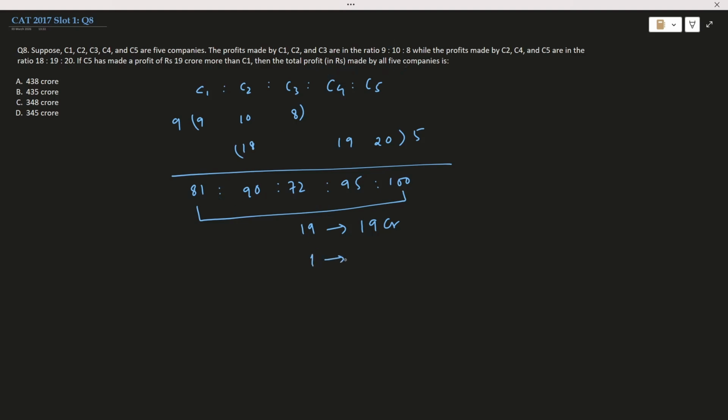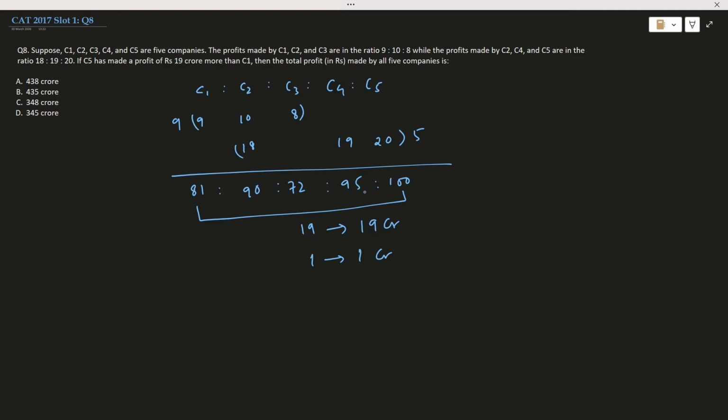So 1 will be 1 crore. So 81 plus 90, 98, 160, 170, right? 170 plus 70 is 240. 240 plus 100 is 340. 340 plus 100 is 440, right?